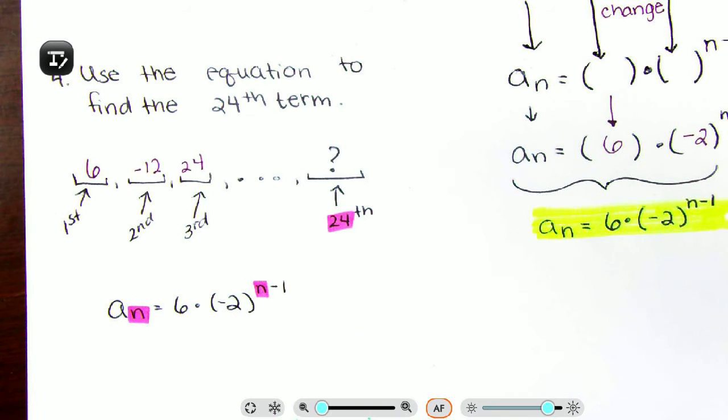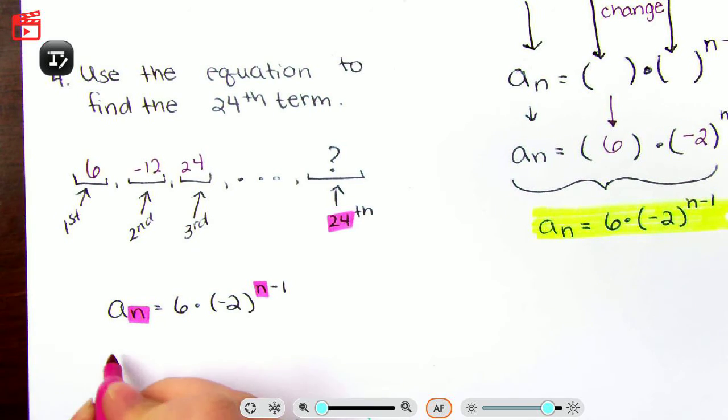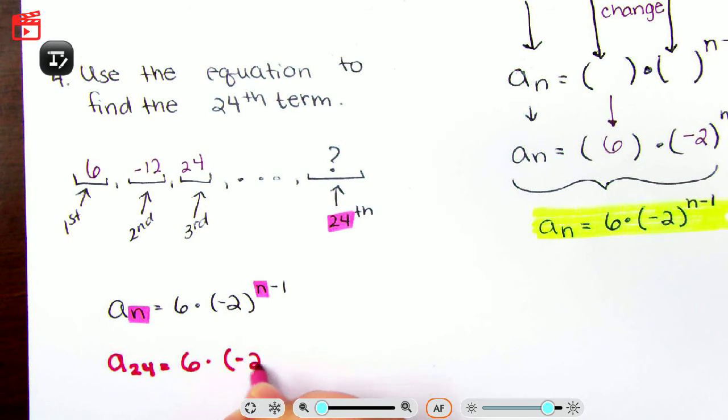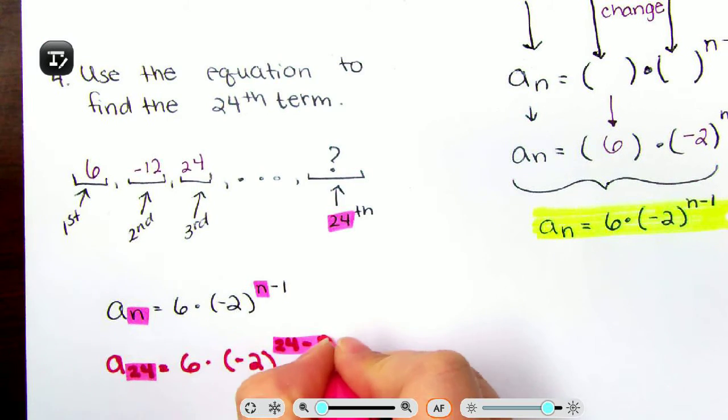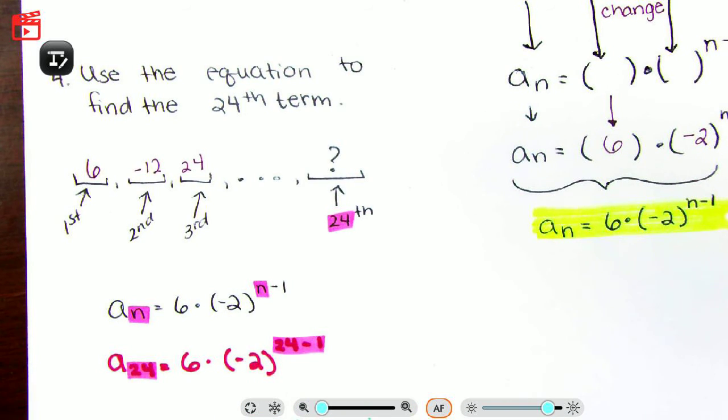What you're going to do is replace n with the term number that you want to find. So I'm going to say a sub 24 is equal to 6 times -2 to the 24 minus 1.